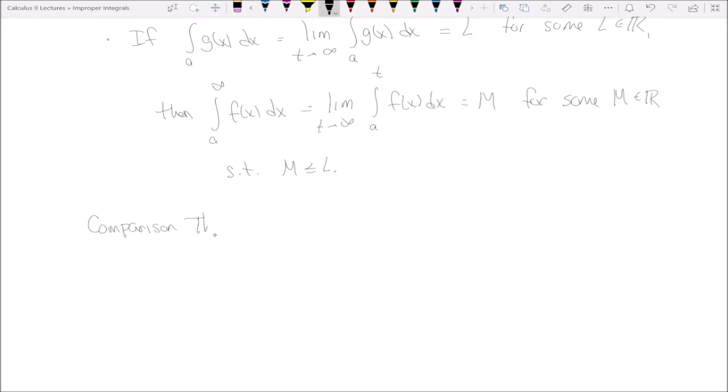Right? This gives us what's called the comparison theorem for integrals. Right?